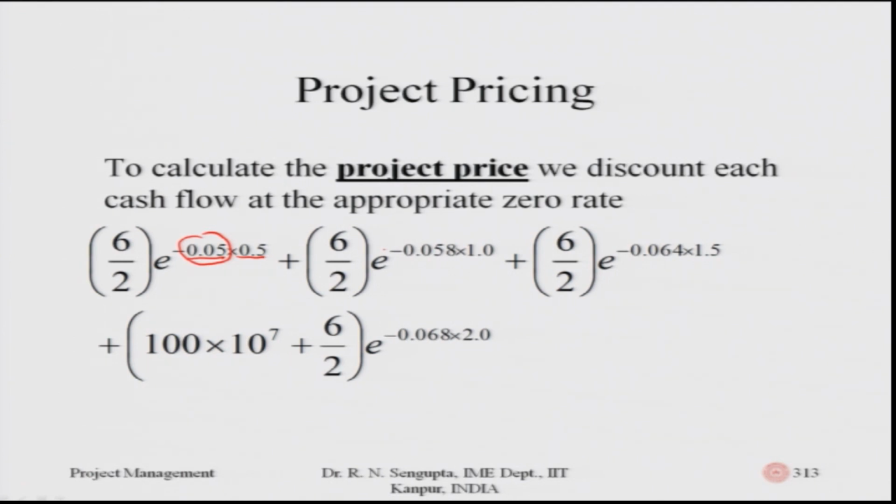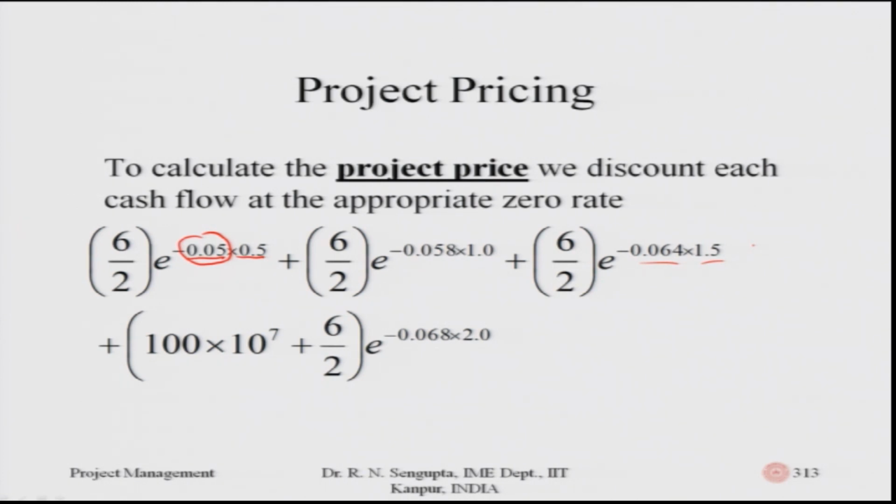Similarly, if you go to the third term, after 1.5 years, the semi-annual concept remains true, hence it is 6 by 2, and e to the power minus, obviously minus, we know why it is minus. The interest rate is given as 6.4%, hence it is 0.064, and the time frame is 1.5 years, which is 1.5.